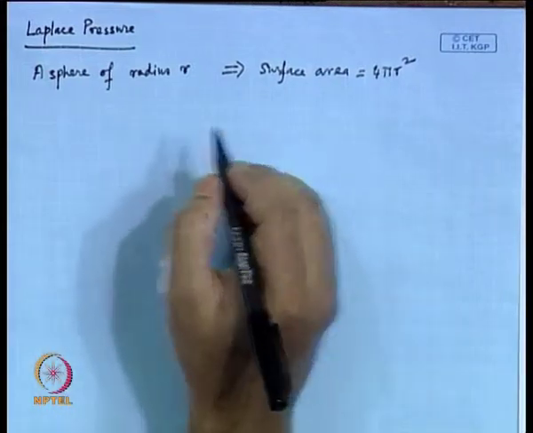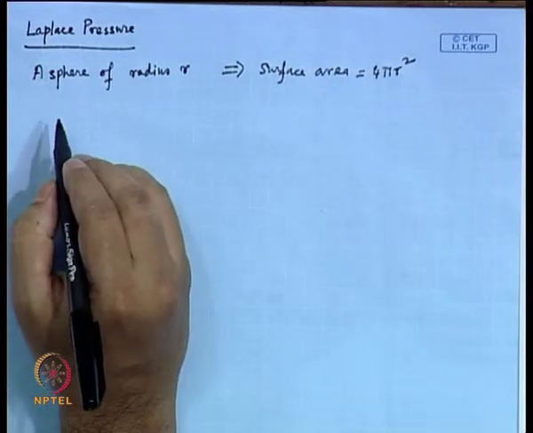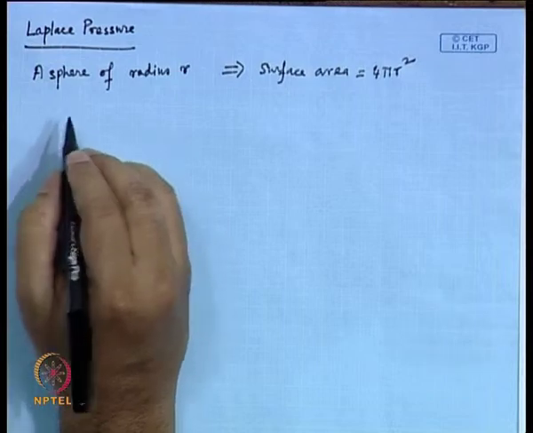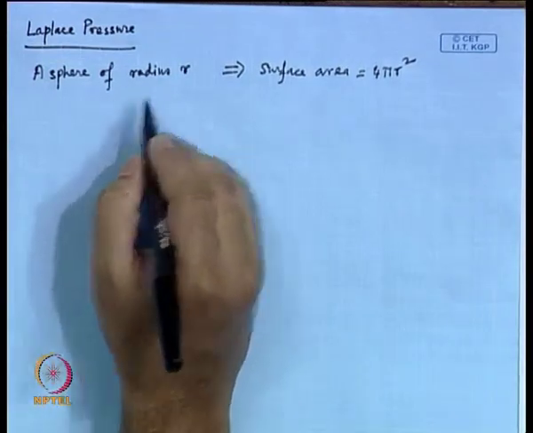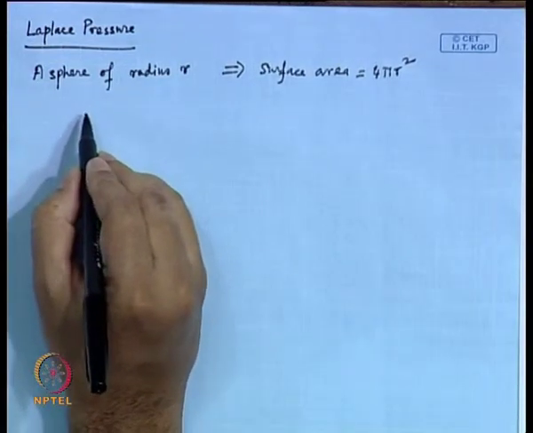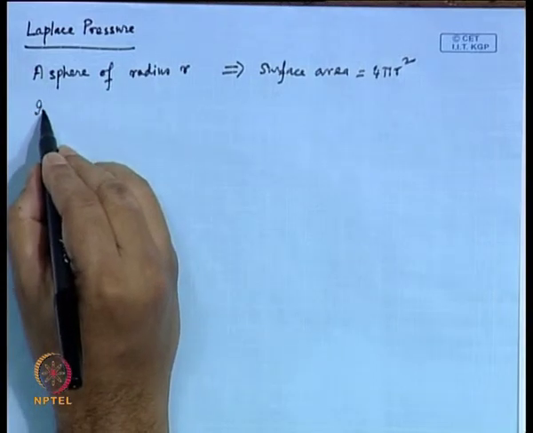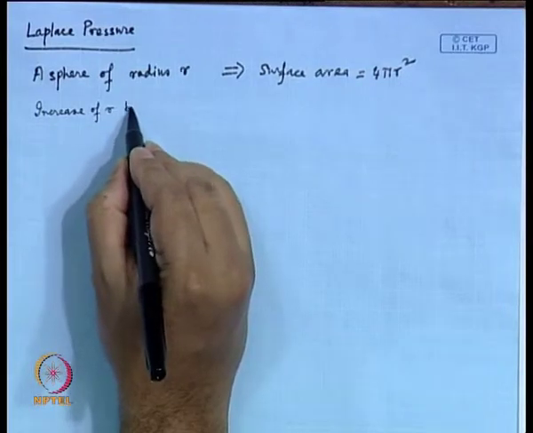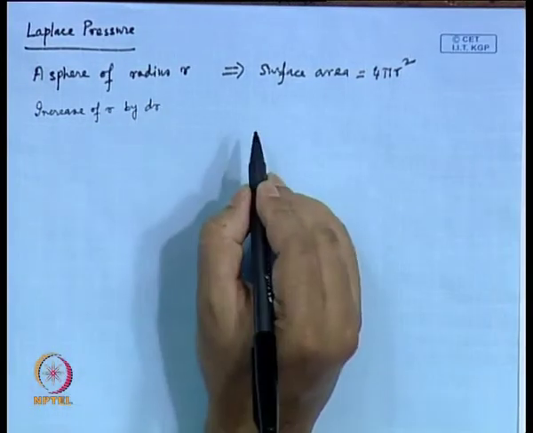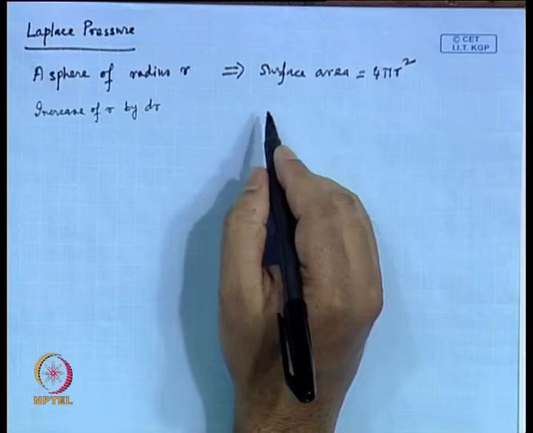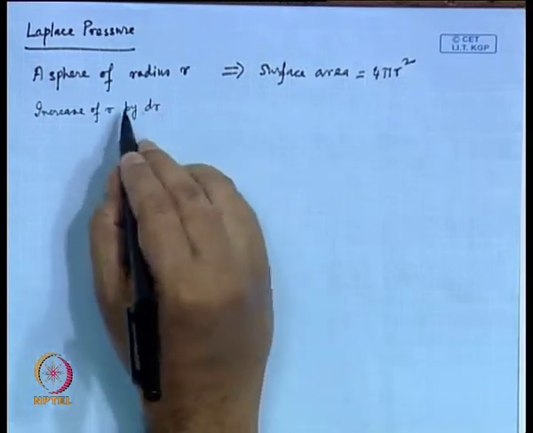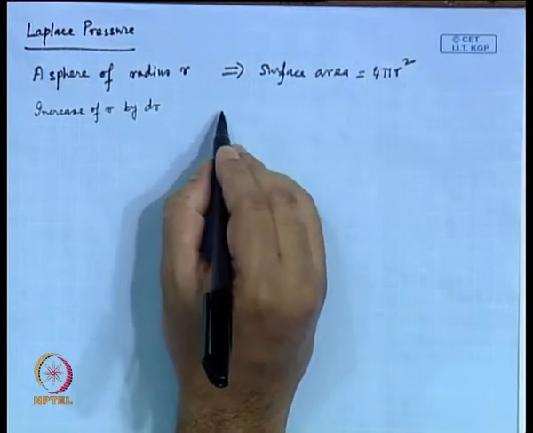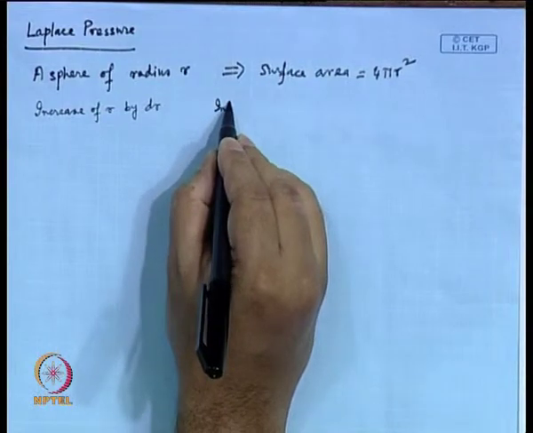If this radius increases by dr, this changes the interfacial area.